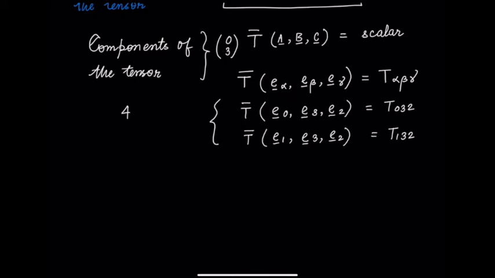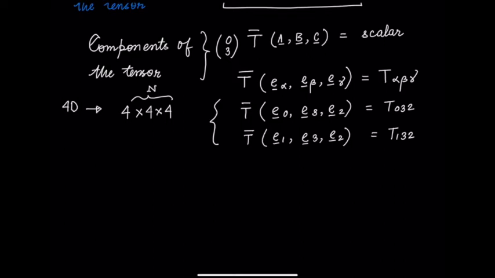So there are 4 of them, and then for each one of them, I have 4 choices for the second, and for each one of them, I have 4 choices for the third. So this 4 comes from the dimensionality of the space. Because I am doing this in 4D space, or spacetime, I get this 4, and the 3 is coming from the fact that it has rank 3.